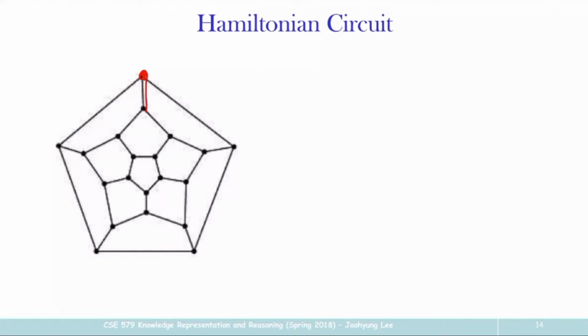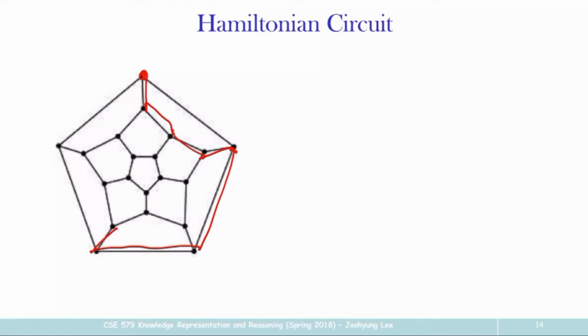Down. Right. Keep going right. Right again. Right. Then going down. Down. Left. Up. Up.